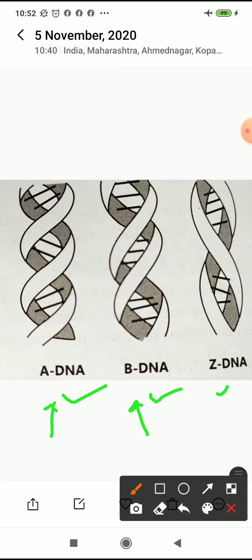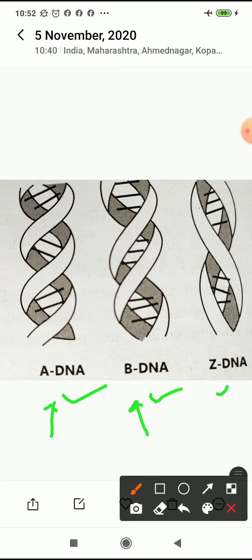A form of DNA is right-handed but less hydrated than B form of DNA. About 11 base pairs per turn with a shorter distance between adjacent bases. It is bigger in diameter.